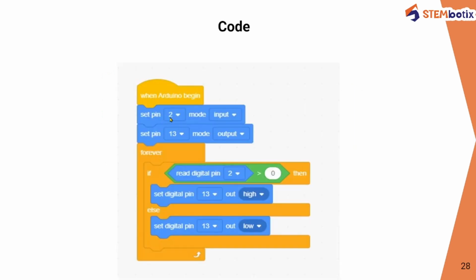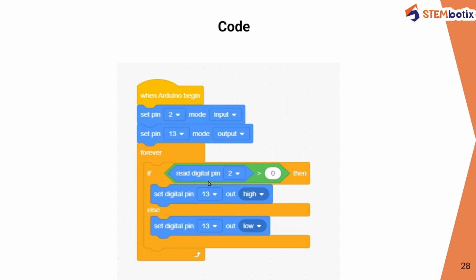So set pin number 2 as input and pin number 13 as output. These are the two blocks using which we have defined that the LED is the output device and the IR sensor is the input device. After that, whenever the IR sensor detects something, the LED should turn on. If it does not detect something, the LED should remain in low state.